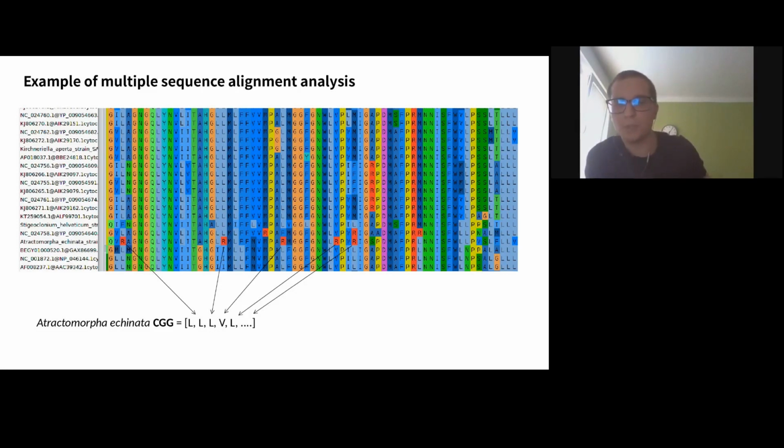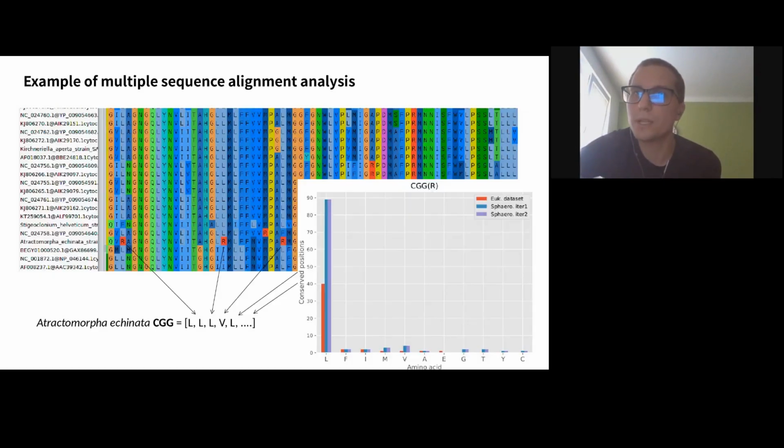We sorted predicted proteins from those genomes into separate multiple sequence alignments, and then we checked all conserved positions, which means where some amino acid was conserved in more than 70% of organisms, and we collected information about the underlying codons for all organisms. Here is one example to make it more clear. In the case of Atractomorpha, a unicellular alga, in a position with conserved leucine, this alga has CGG, which in the standard genetic code encodes arginine.